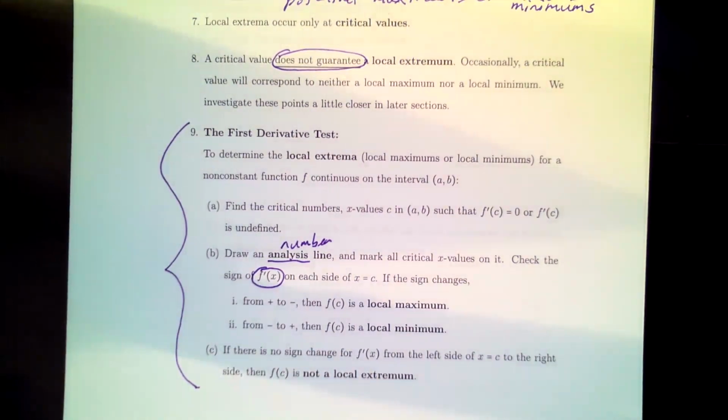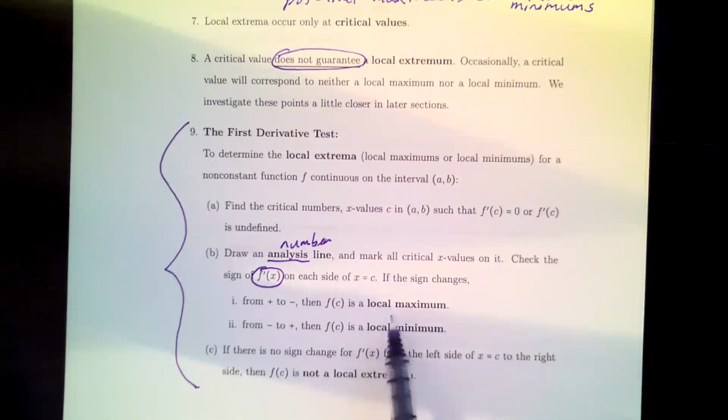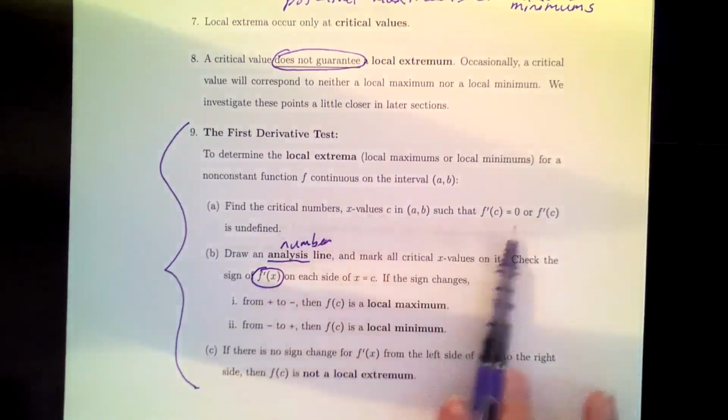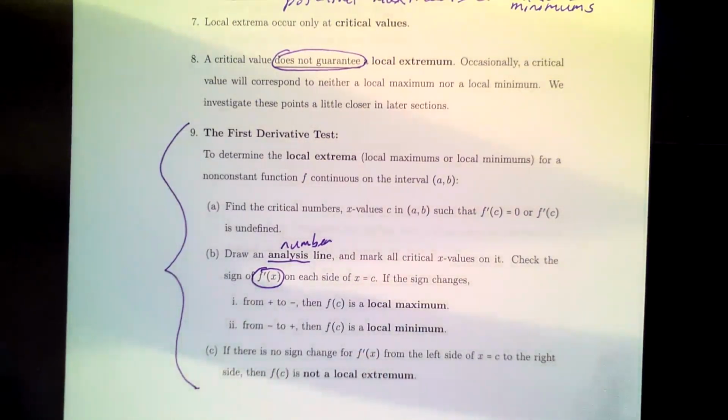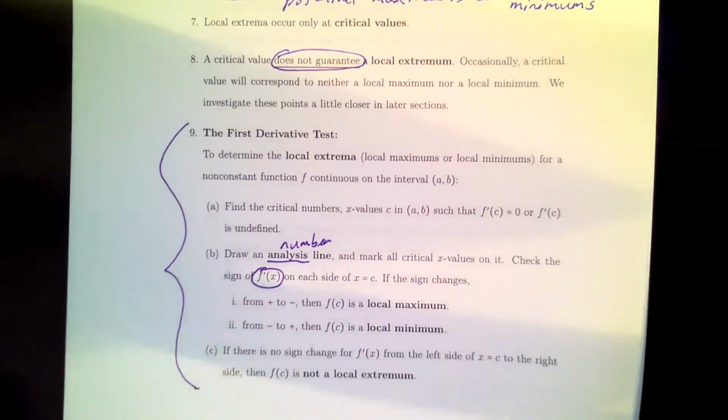That lets you know where your function is increasing and decreasing. You would have done this somewhat in the last section, section 3.4. If you know those intervals, you can put 2 and 2 together and find where there's a local max or min. So let's get some practice doing this, where we find these interesting x values called critical numbers, and we test them to see if they actually give me a local max or min on my graph.